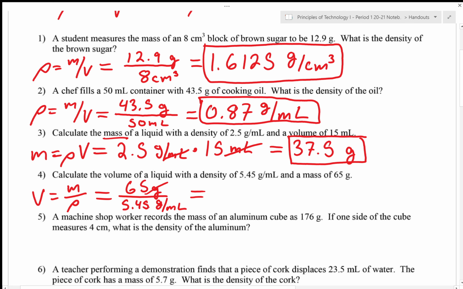Grams are going to cancel one another out. The milliliters are going to come to the top, and that is going to be our unit for our answer. We need to divide 65 by 5.45, and we get 11.93 milliliters.